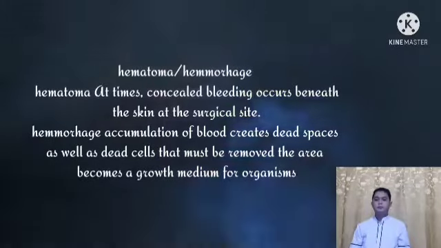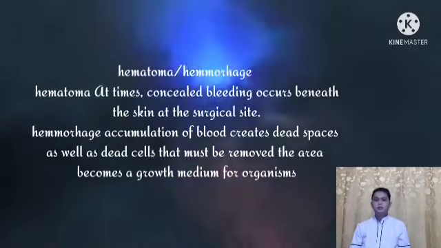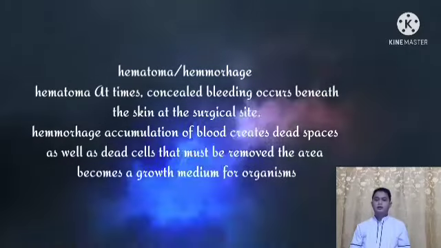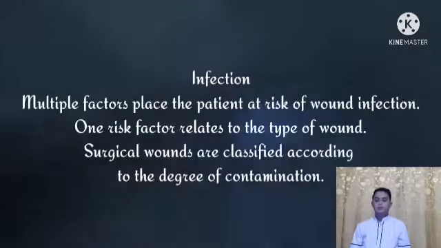Then the next one is hemorrhage. Hemorrhage is the acute loss of blood from damaged blood vessels. Possible causes are car accidents, bullet wounds, impalement, falls, explosions, and crash injuries. Next, infection.